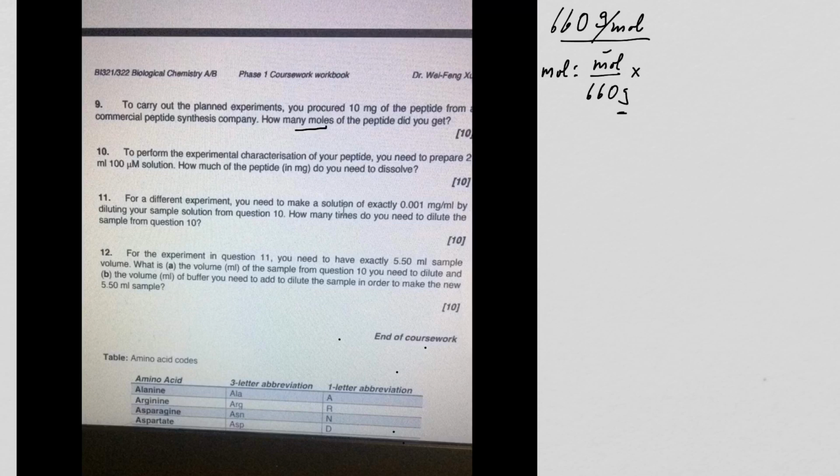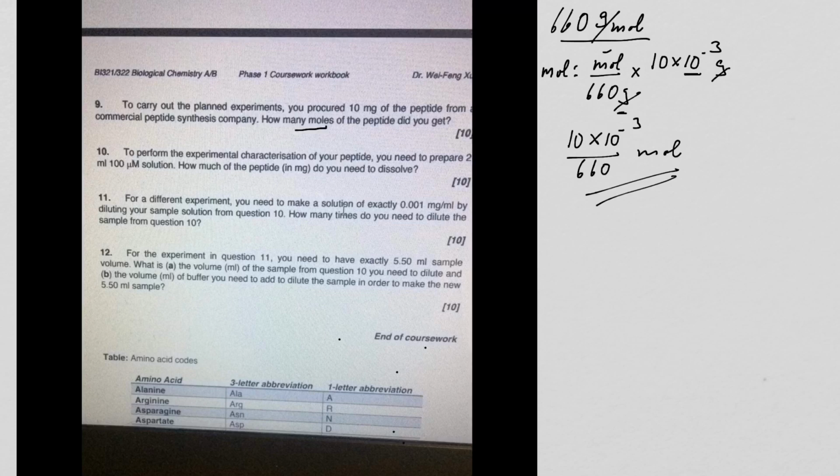So we multiply that by the number of milligrams that we have, so times 10 to the minus 3 gram, and the minus 3, that's our milligram. And the gram cancel out, and we have left 10 times 10 to the minus 3 divided by 660 mole. So that would be the number of moles that you got from the company.